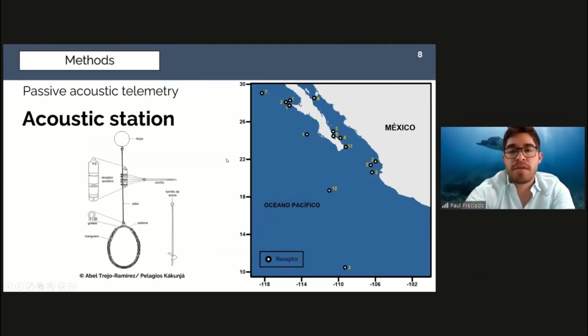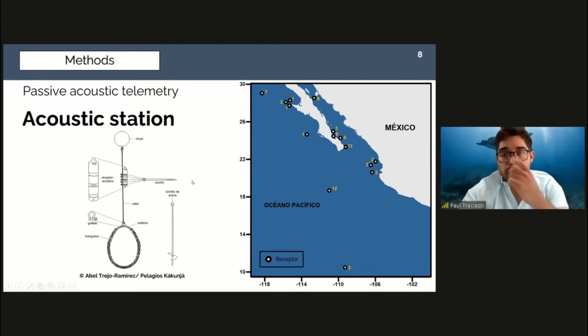For this project, we use acoustic transmitters and an acoustic network deployed in the Mexican Pacific at different places around Baja on the Pacific side and inside the Gulf of California, as well as in the Revillagigedo archipelago, close to Banderas Bay, and at Clipperton Atoll.